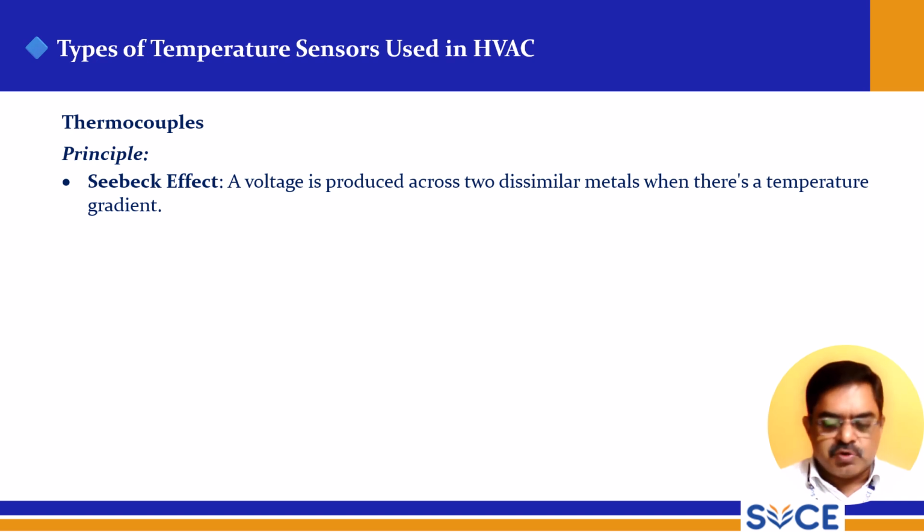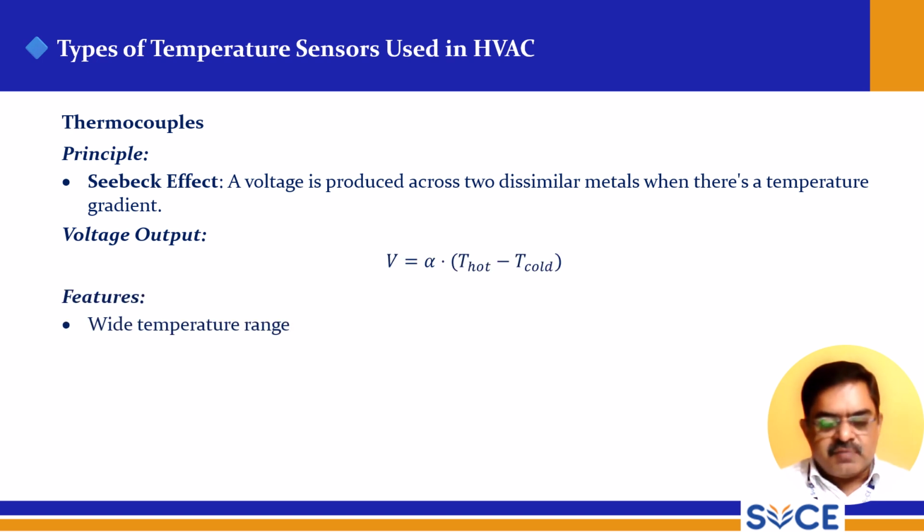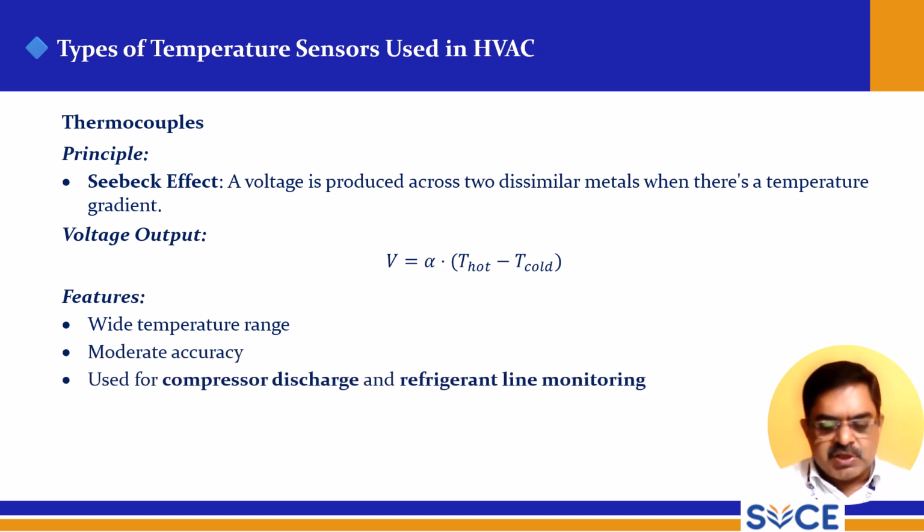So voltage is produced when the two metals are at different temperatures, across the junction where the two materials are joined. The voltage output is V equal to alpha into (T_hot minus T_cold). Features are wide temperature range and moderate accuracy. It is used for compressor discharge and refrigerant line monitoring.